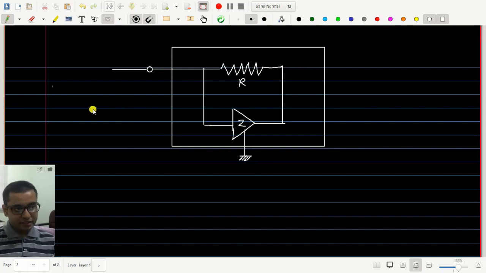So for that, we will take our voltage source V plus minus. We will connect it like this.